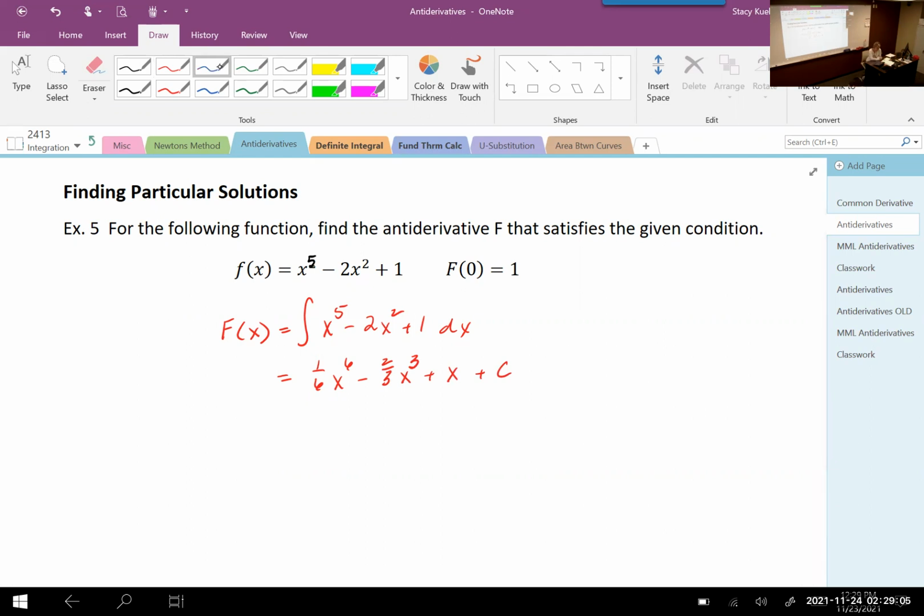But we are saying that for x at 0 on the antiderivative, that function's equal to 1. So we would have 1/6 times 0 minus 2/3 times 0 plus 0 plus c is equal to 1. So c has to be 1 in that case.